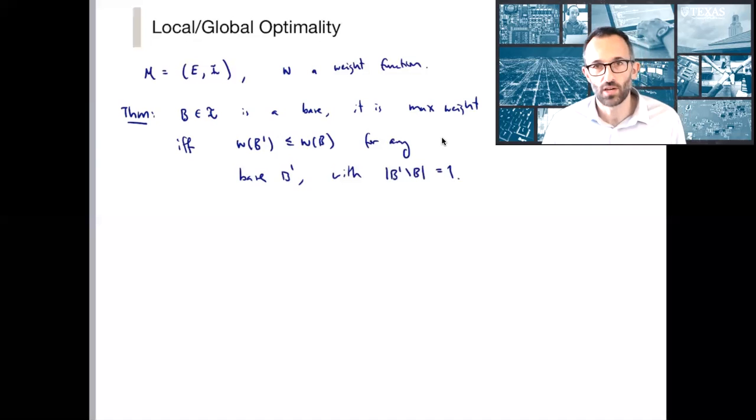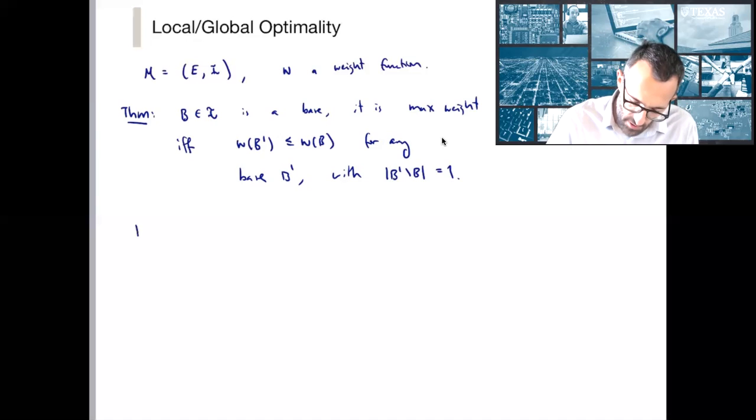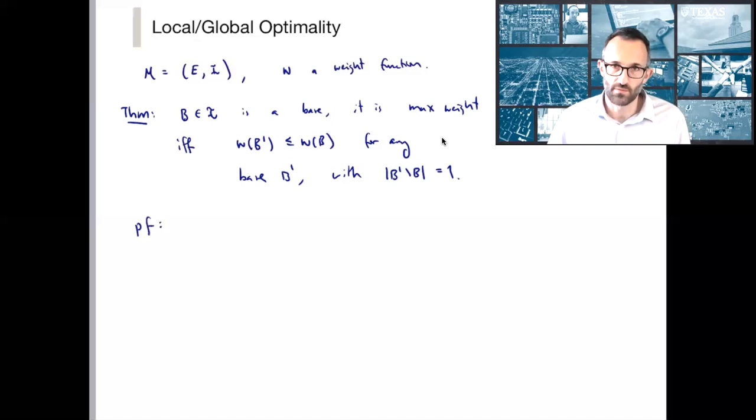So obviously one direction is clear. If it's max weight, then W of B dash is less than W of B for any base, full stop. So what's interesting is to show this other direction. This is really just a consequence of that very first theorem. We're not going to be using the graph from the previous lecture. This is just using the exchange theorem.